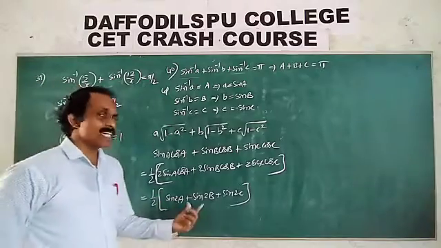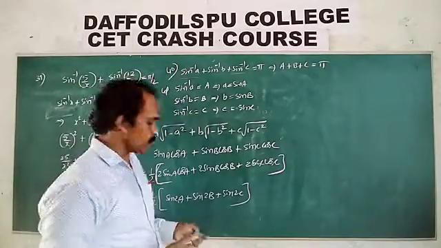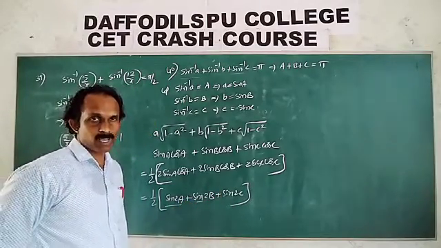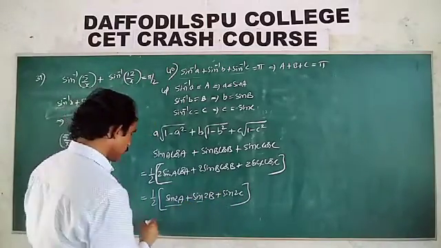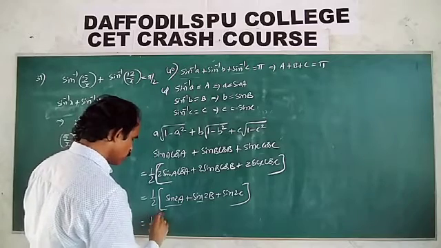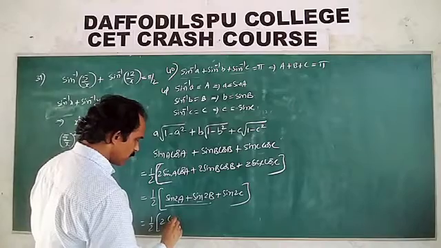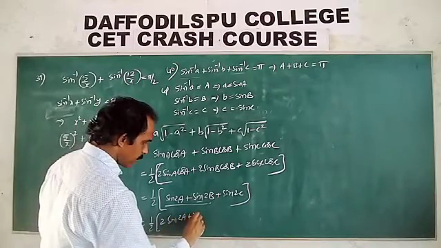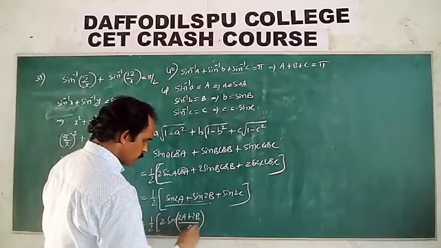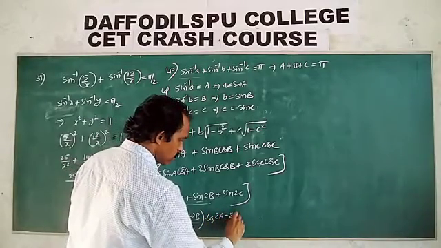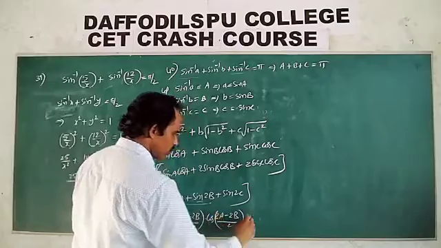We apply the transformation formulas. The transformation formula we know: sin x plus sin y is equal to 2 sin of (x plus y) by 2 into cos of (x minus y) by 2. Apply this to the first two terms.